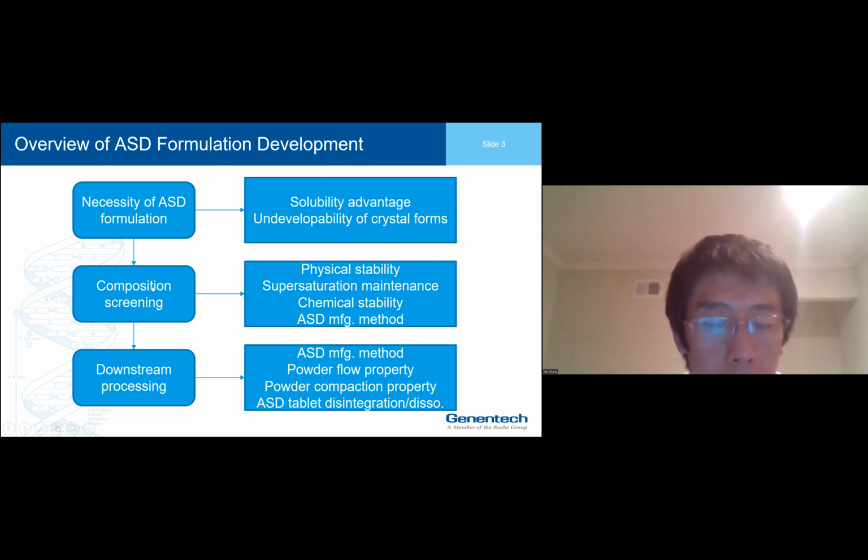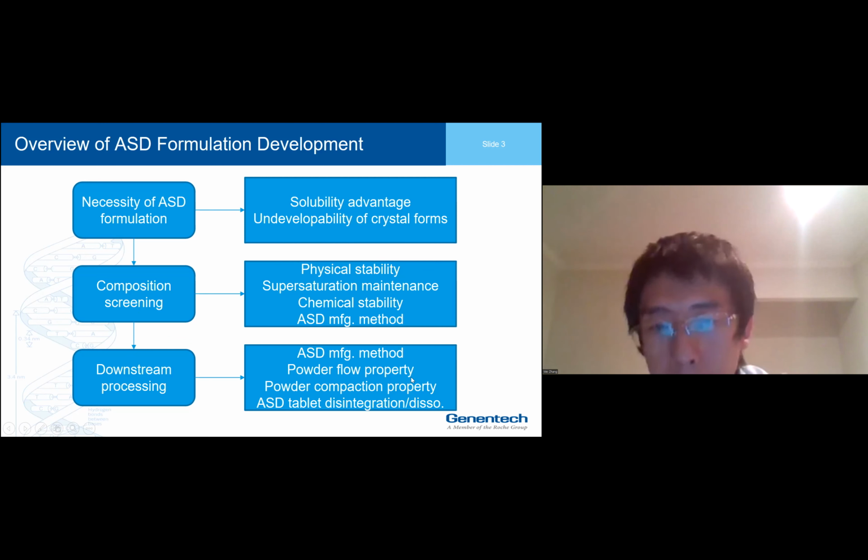After the composition of the ASD is fixed, we will develop the ASD and focus on downstream processing. This includes how we manufacture the ASD, what is the powder flow property of the ASD material, and what is the compaction property of the ASD material. At last, what is the ASD tablet, the final dosage form, disintegration and dissolution performance.